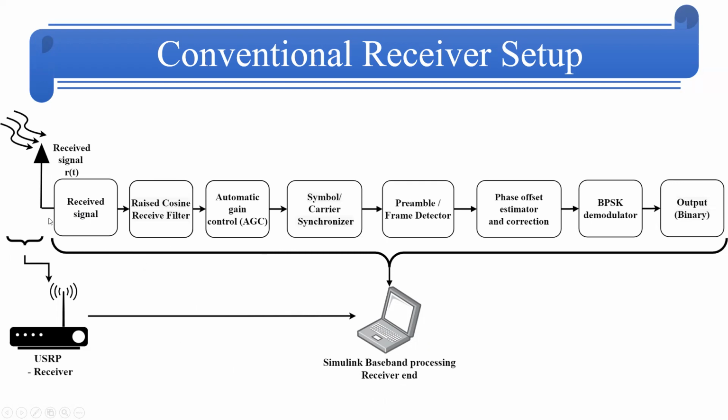The signal is passed through various blocks to remove impairments such as frequency offsets and time delay, then phase offsets, and finally the conventional demodulator is used to detect the correct binary output.